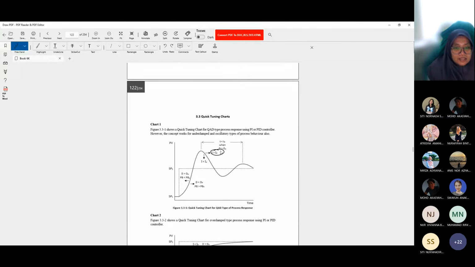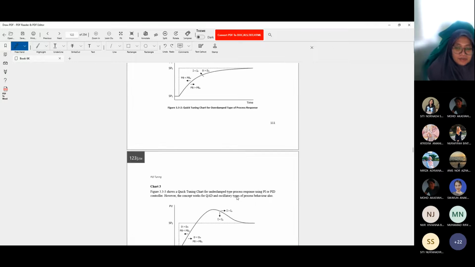Boleh nampak kat sini lah. Dia bila D tu lagi greater than D naught, D greater than D naught, sepatutnya shift to the right ke left? Oh, tadi dia menurun. Okay. Dia menurun. Bila D less than D naught, dia akan shift to the right lah. Betul lah.